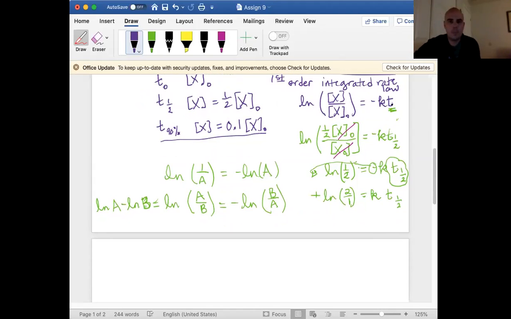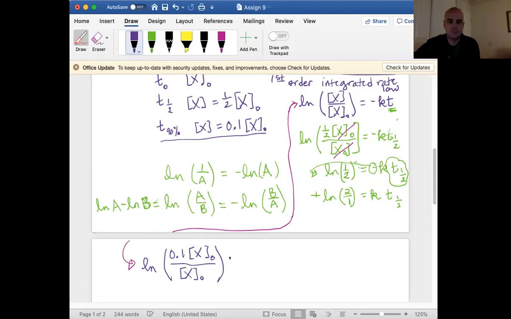Now, we can do exactly the same thing for any other amount. What did we do? We just said, okay, here's where we're going to start. Let's go all the way down to here. So we said 90%. If I have 90%, then on top, I'm going to have 0.1 times the initial concentration divided by that initial concentration again is equal to minus k, and we'll call it t90 instead, right?